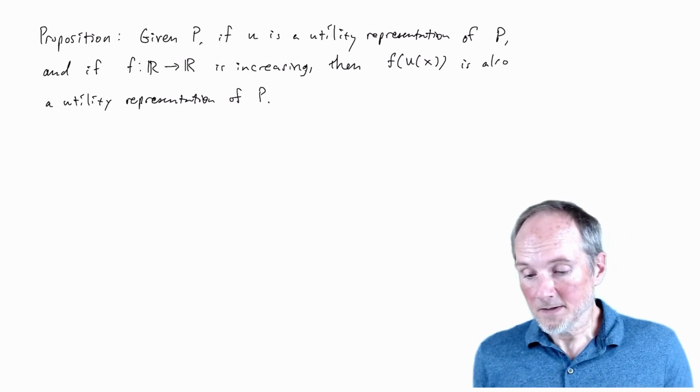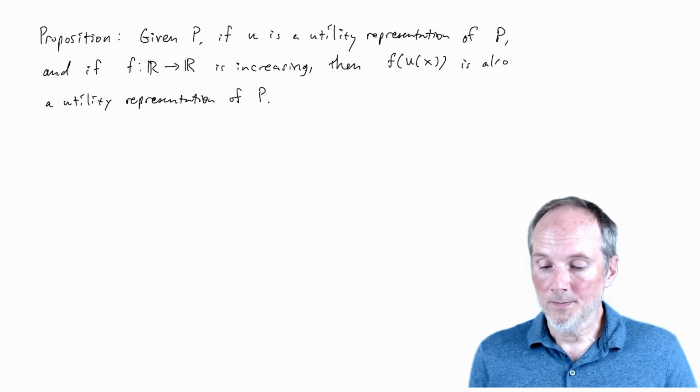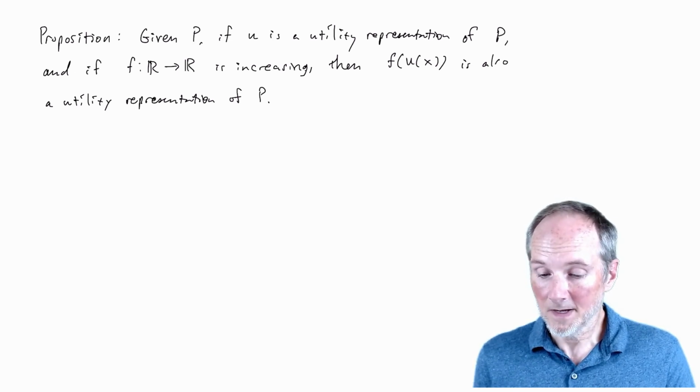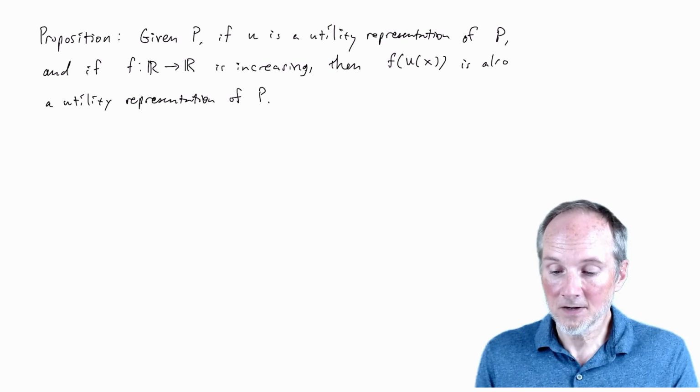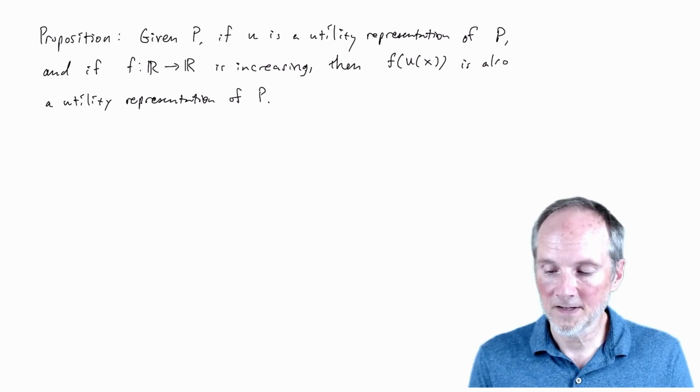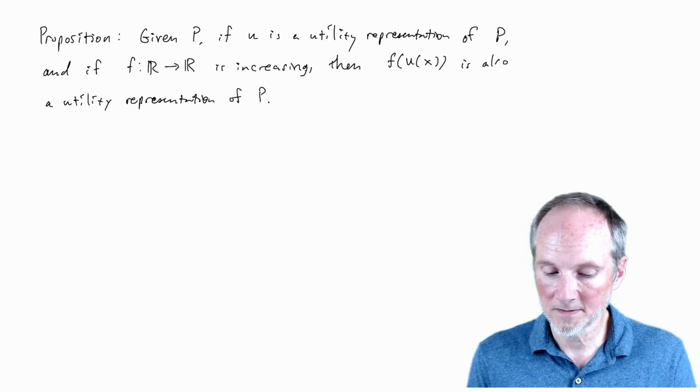This gives you an idea of just how indeterminate the choice of a utility representation is. I can take any increasing function and apply that to u, and that'll give me another utility representation.